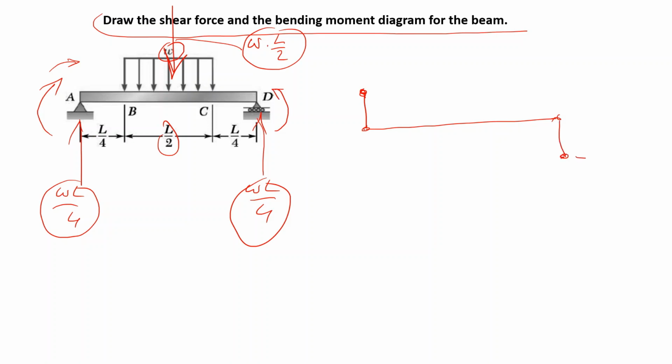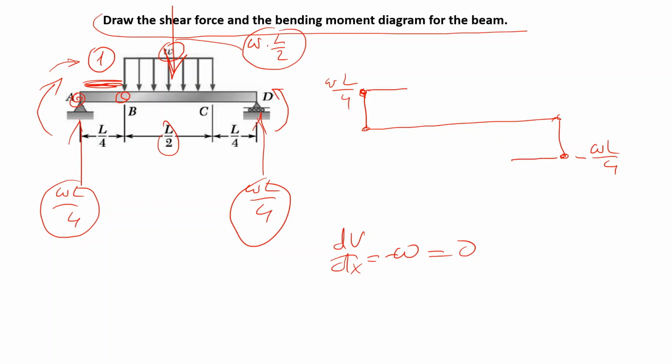Here we have a negative WL over 4, positive WL over 4. And from A to B, there is no distributed force. We know that dV over dx, the slope of the shear force, is equal to 0 for this region 1. So we have no slope.